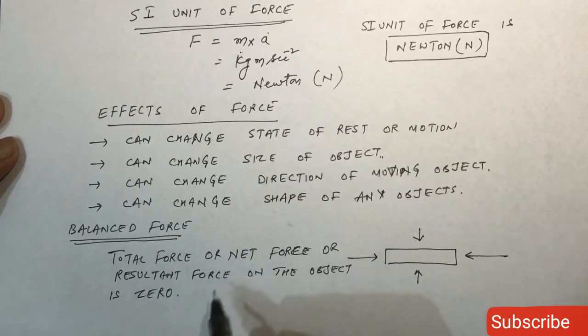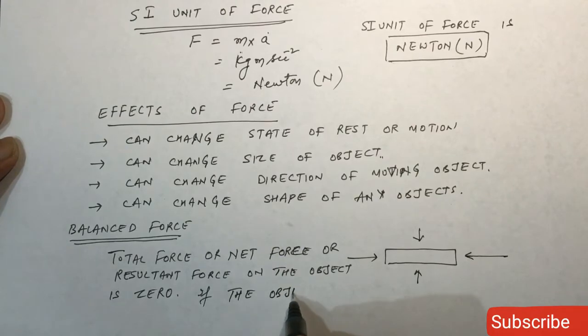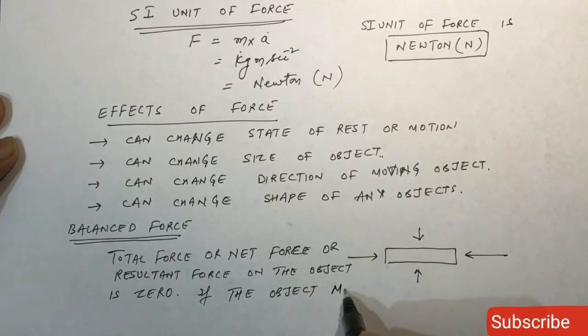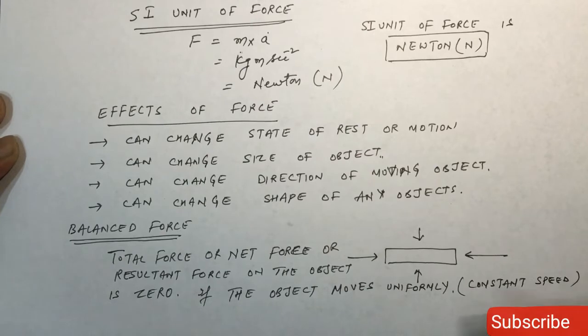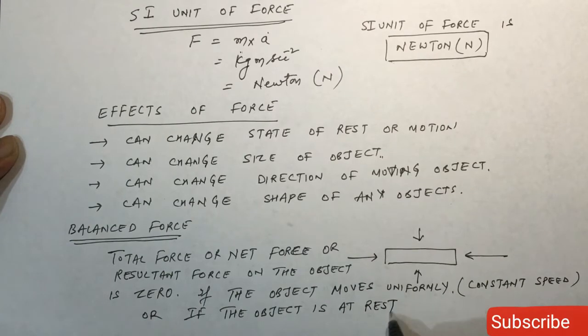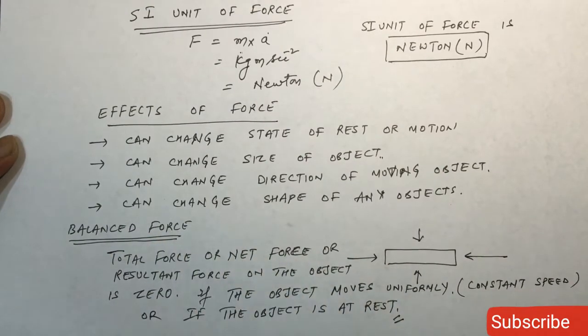Clear? Means if the object moves uniformly, means it has constant speed, or if the object is at rest, when a number of forces are applied on an object, then we can say the forces are balanced.